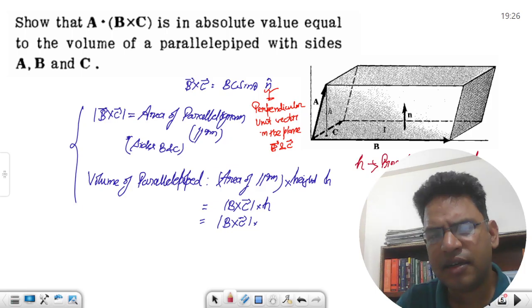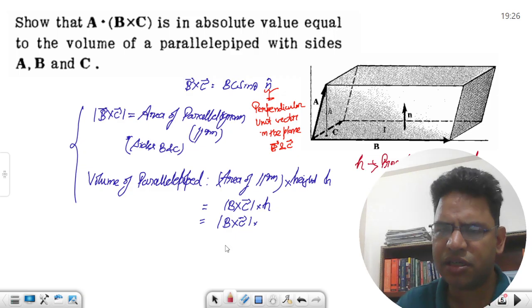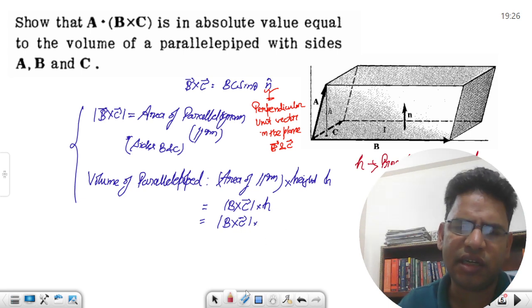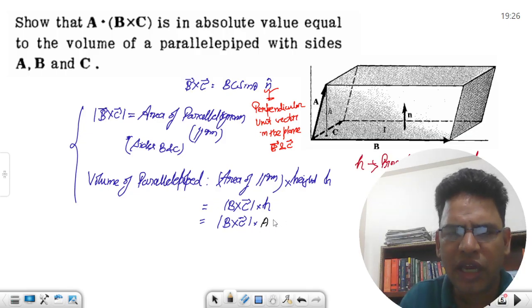How do you do that? You take a dot n cap. A dot n cap is essentially h, because a dot n is a cos theta, whatever the value is. So h has to be equal to the vector a dot n cap.